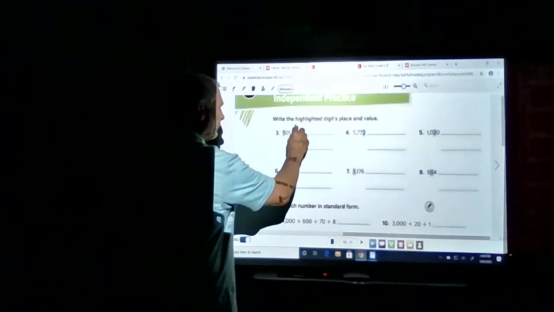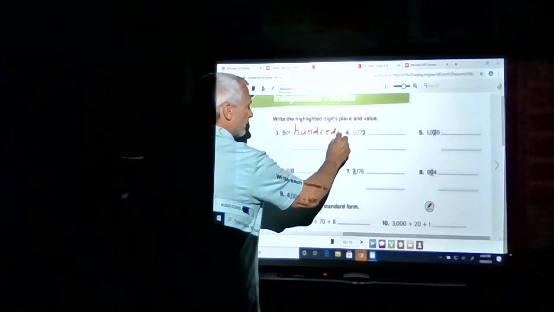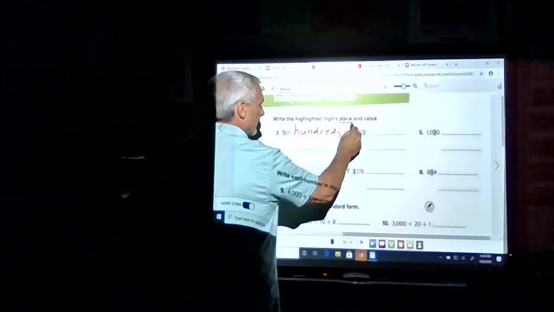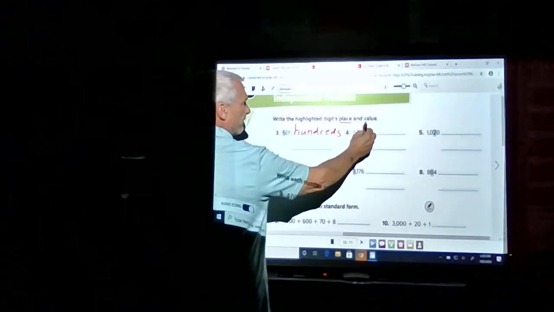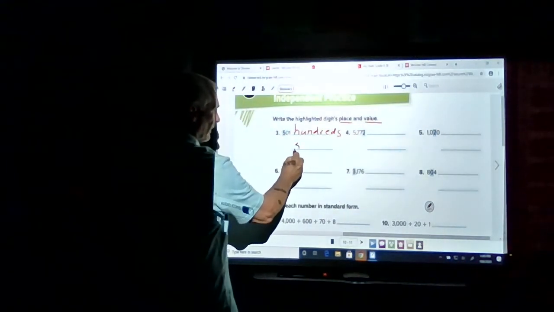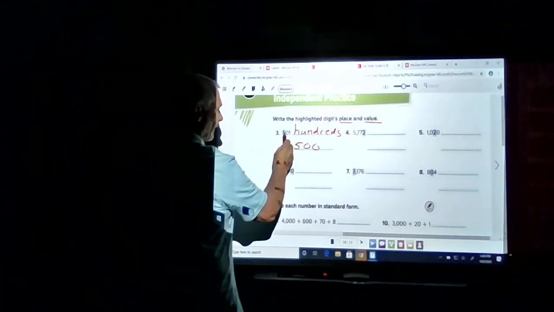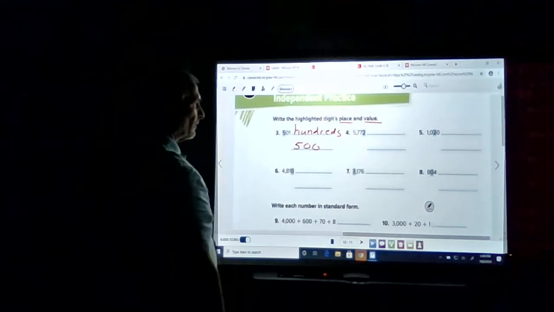It's in the hundreds. This question is also asking, what's the value? The place is in the hundreds, and the value, since it's in the hundreds, 5 hundreds is 500. 5 and then 0, 0, 500 in the hundreds place.